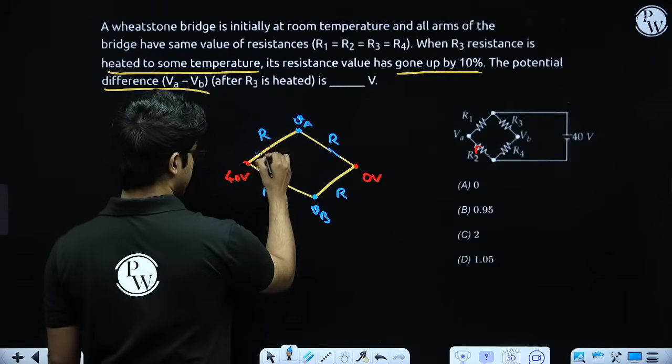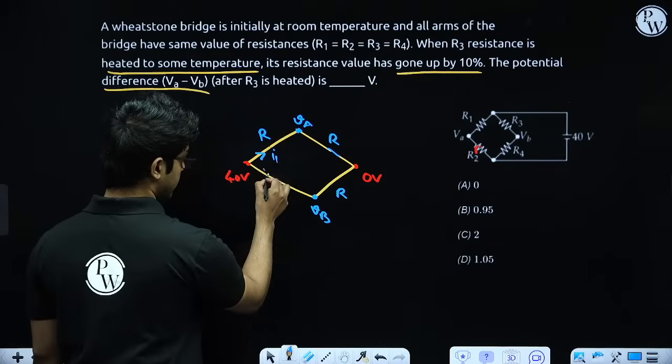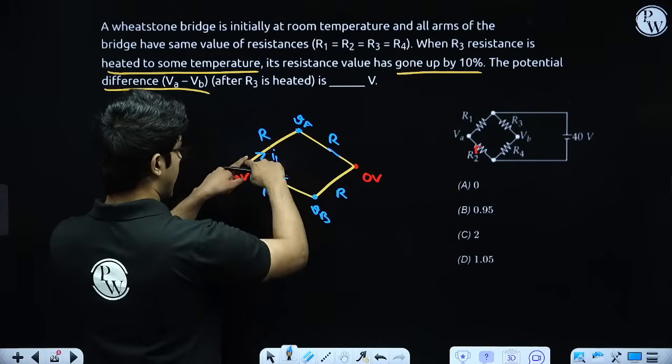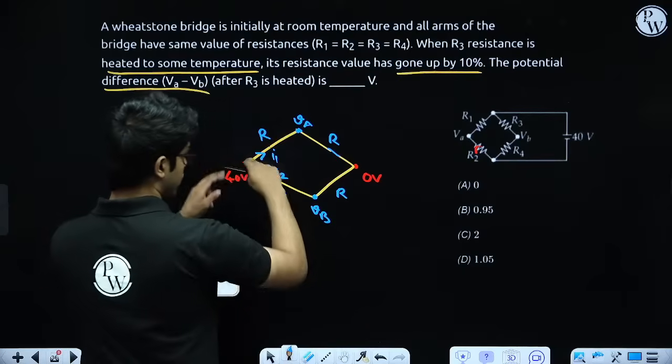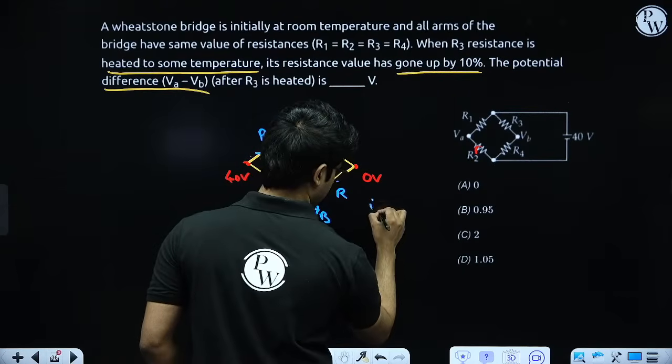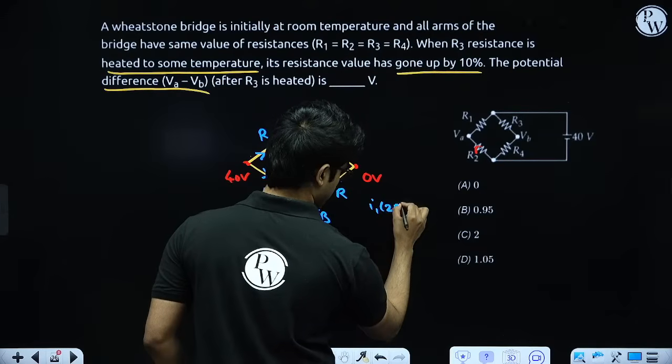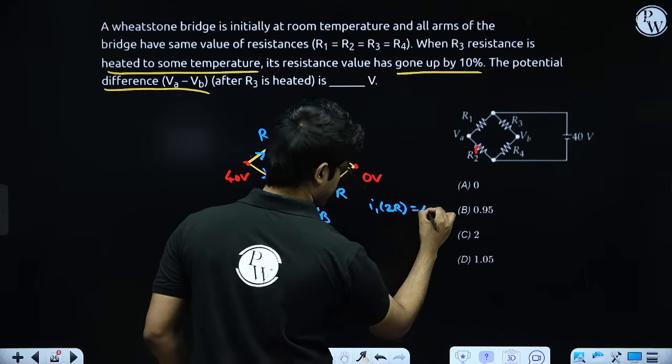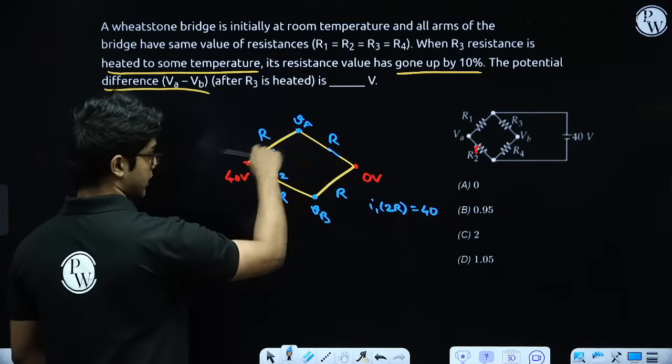Let's say the current here is I1, and the current here is I2. So I1 into 2R is the potential, 40 minus 0, 40 volts, right? So I1 into 2R equals 40. Simple Ohm's law in this branch.